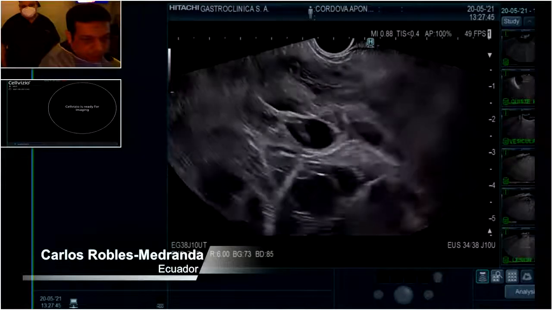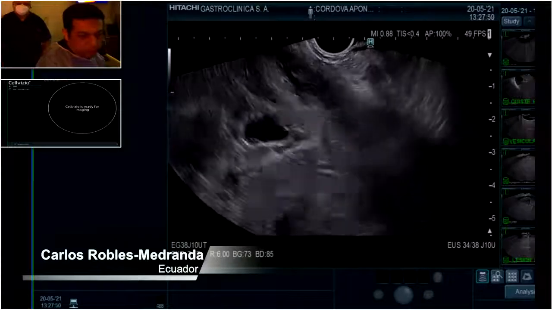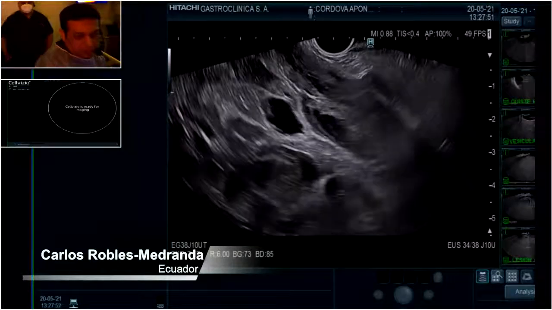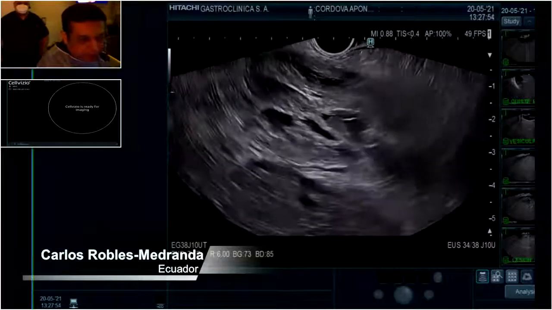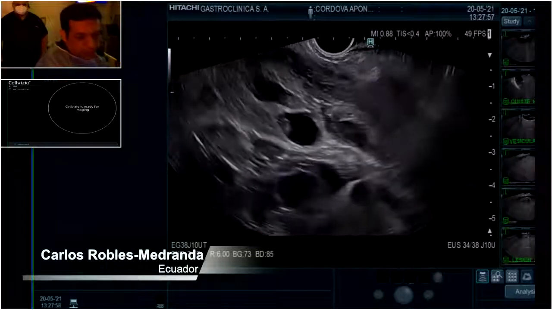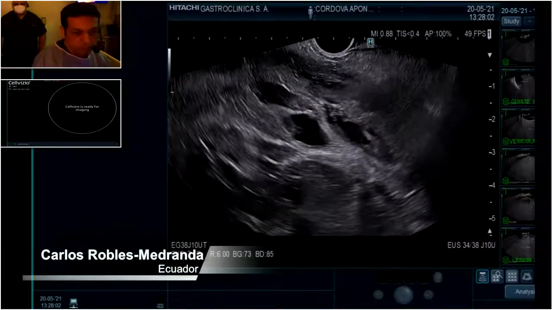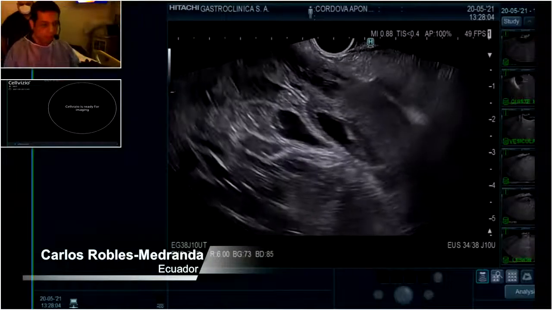So I need to evaluate better this lesion to have a good diagnosis for this patient, and also to have a better decision what we need to do regarding the treatment of this patient.